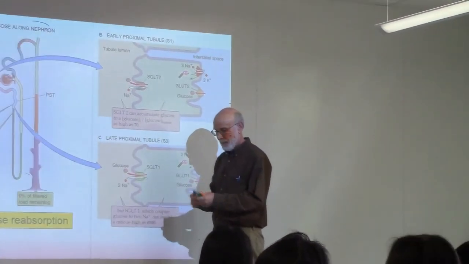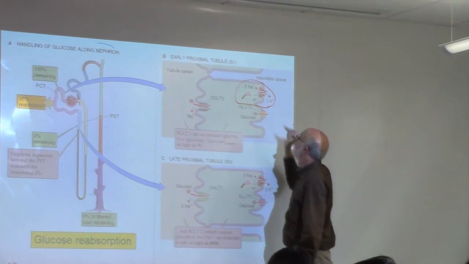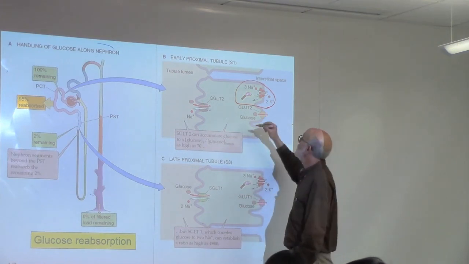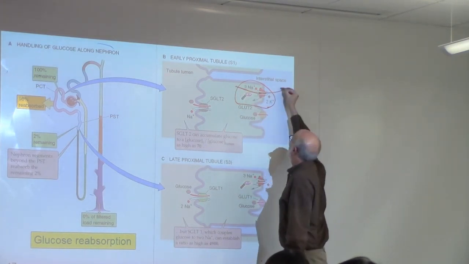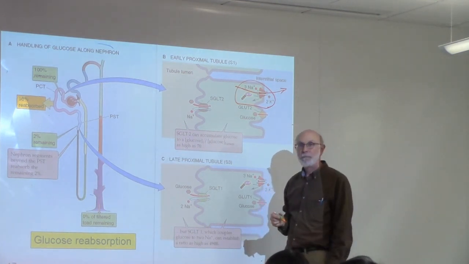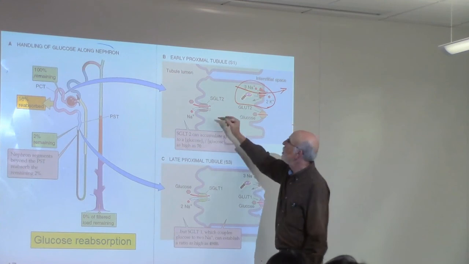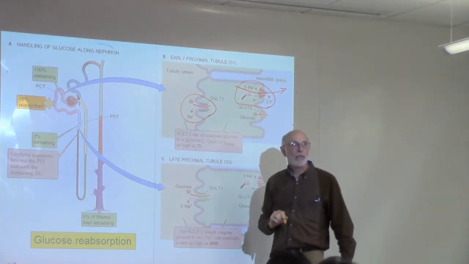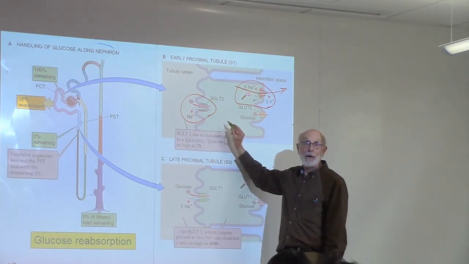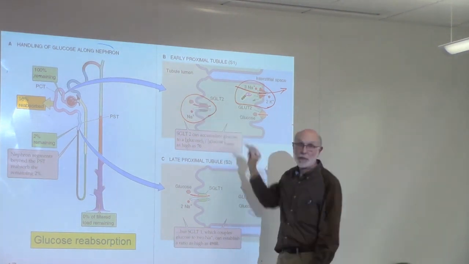What are the mechanisms? What's this? The sodium potassium ATPase, which is pumping sodium out of the cytoplasm. You know that, we just used that. Previously, when we were talking about sodium transport, we talked about a sodium glucose co-transporter. Before we were focusing on sodium, now we are using the sodium gradient to pump glucose.